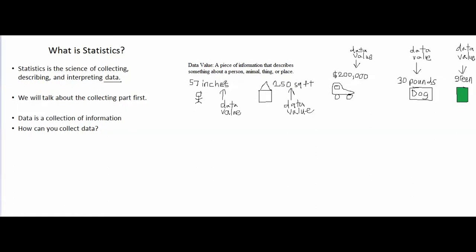Each of these 5 pieces of information is a data value. And I said that the word green is a data value, even though it's not a number. All 5 pieces of information together would be called data. So we could say that inside this circle we have data because we have more than one data value.